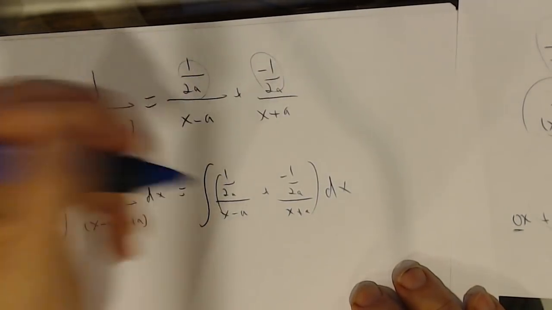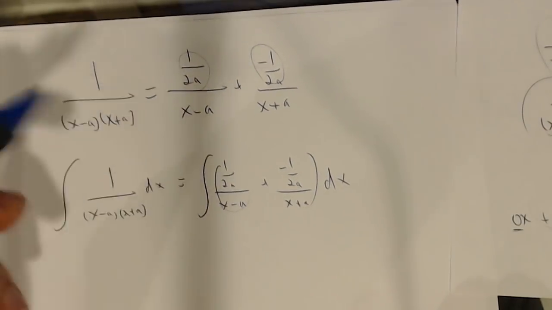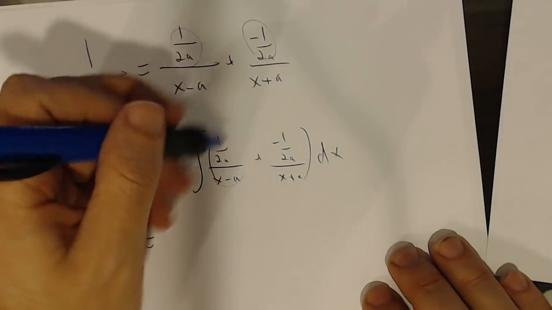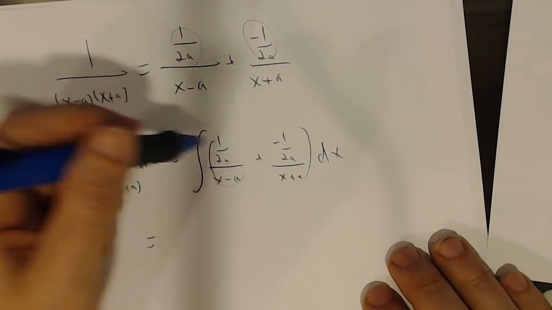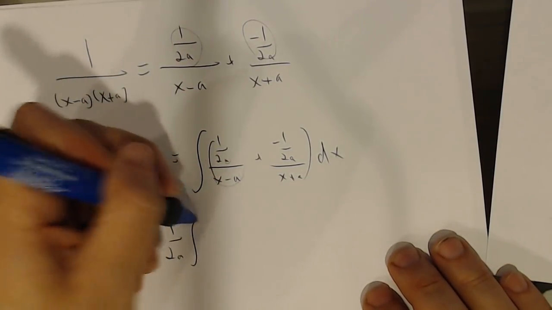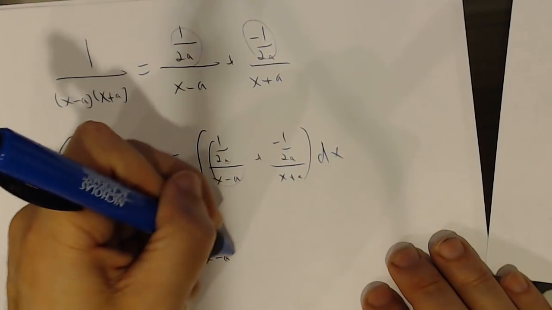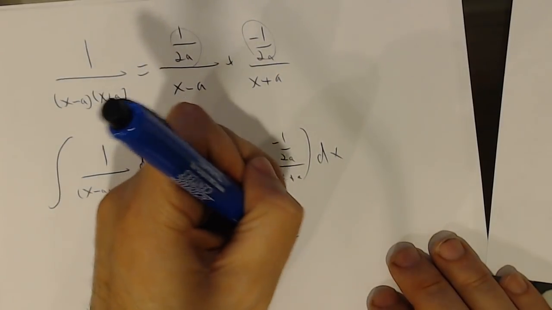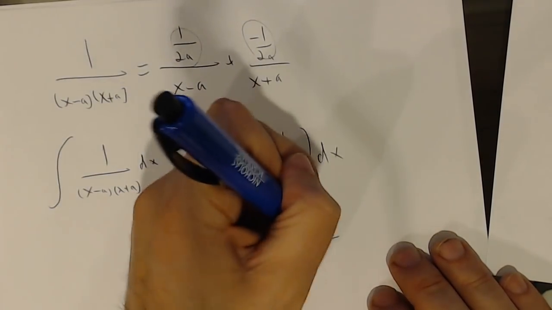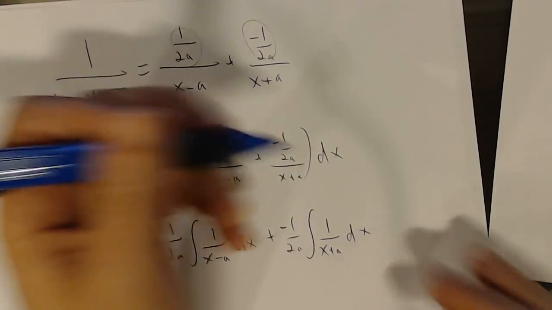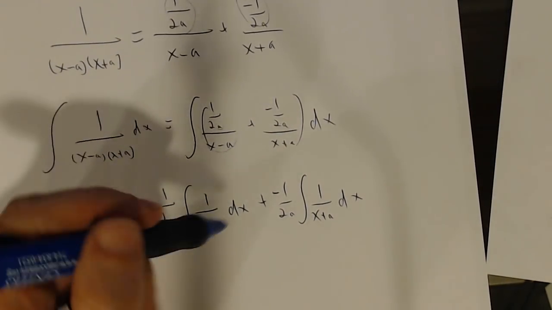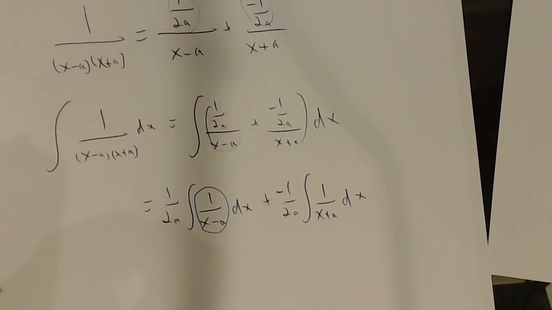Now look at how nice this is. I could break up this integral and pull the 1 over 2a out front. So it'll be 1 over 2a times the integral of 1 over x minus a dx, plus negative 1 over 2a times the integral of 1 over x plus a dx. Now, if you look at this, you'll see why partial fractions are preferred, because what would the antiderivative of 1 over x minus a be?